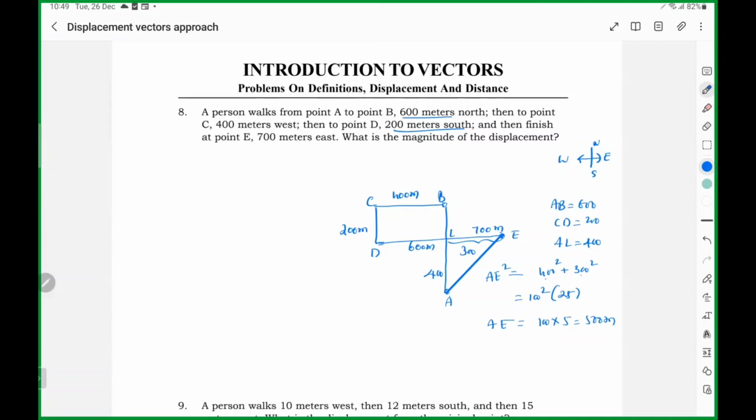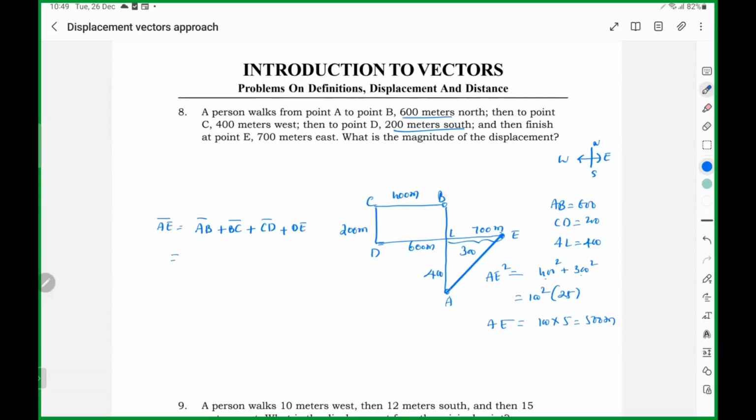So that is without using vectors. With vectors, first he reached B, then towards left he traveled something, then CD, then DE. The displacement is the shortest distance between initial and final.